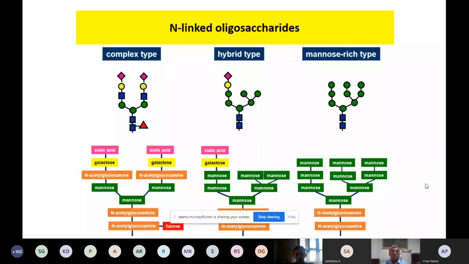All this is processed glycan structure, which is necessary for the protein's function. In the complex type of oligosaccharides, in addition to these sugars listed here, you also find selectively the sugar fucose. But in the hybrid type, you normally don't find fucose, but you find galactose and sialic acid as a single antennary structure, whereas you have a biantennary structure in complex oligosaccharides.